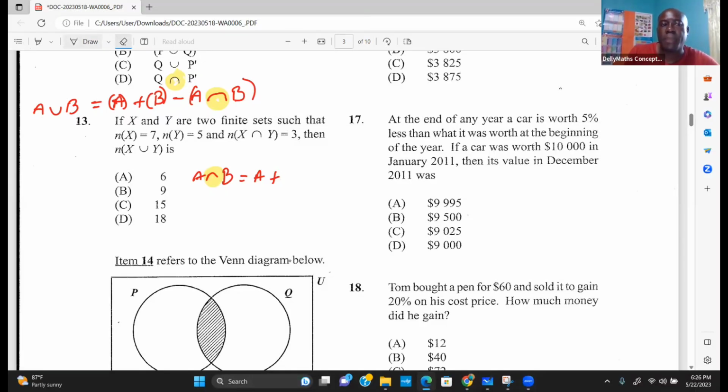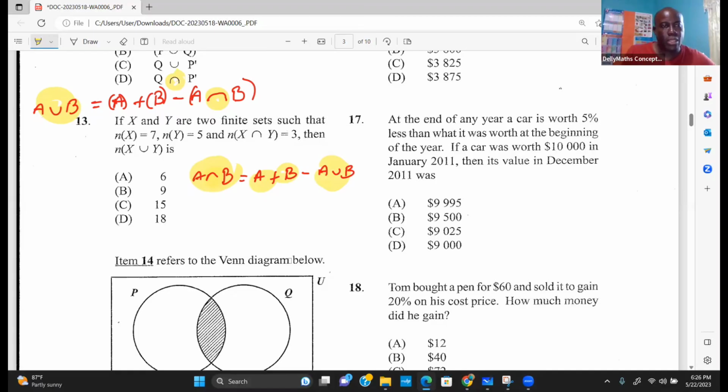If I do 5 past papers, you're going to see this question coming back 3 times. So if I'm doing the union, I'm just going to add the 2 sets, the numbers for them, and minus the intersection. If I'm trying to find the intersection, I'm still going to add the 2 sets and then take away the union. So that little idea will be coming at you.